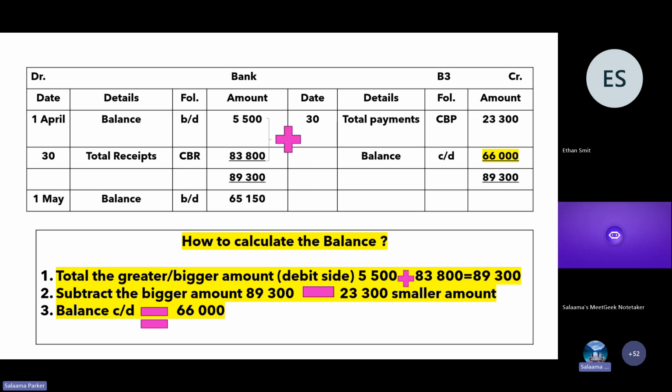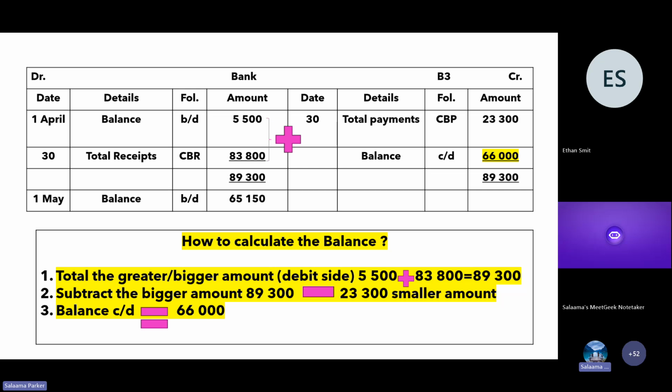Okay, so we know that bank is a current asset. According to the debit credit rule, assets increase on the debit side and they decrease on the credit side. Now, the important thing when posting to the T accounts is for you to understand what you are trying to calculate here. So you have to understand the transaction also.